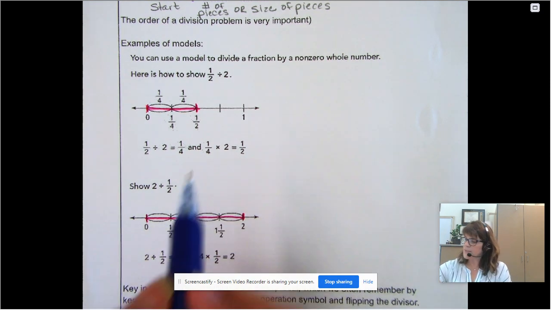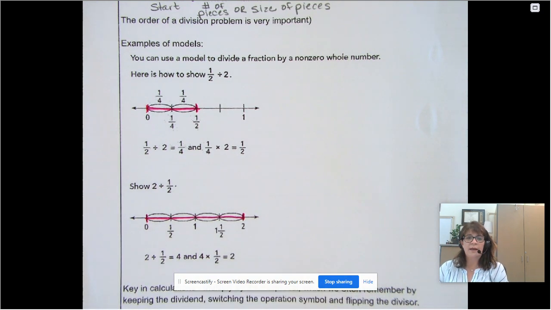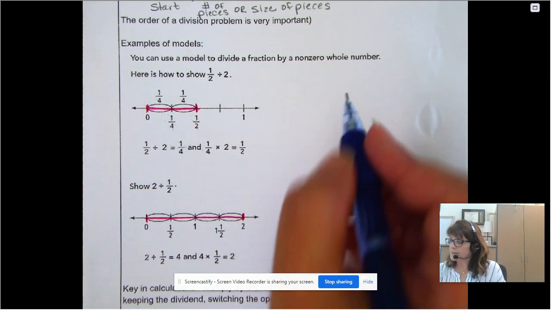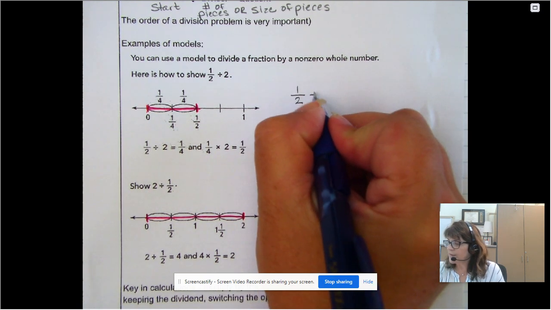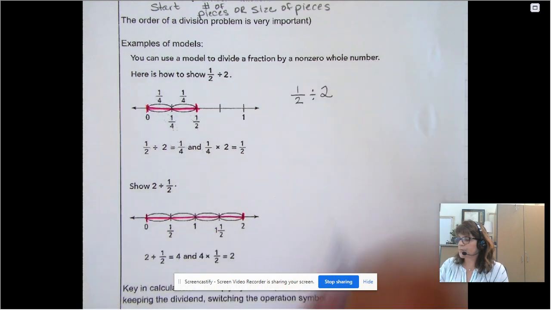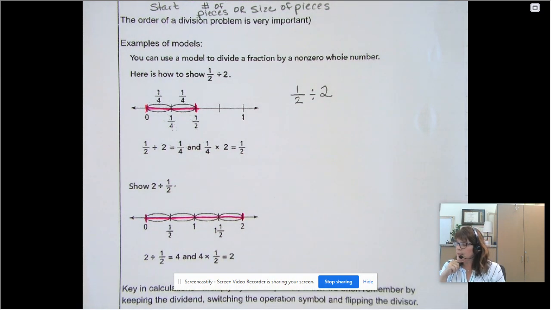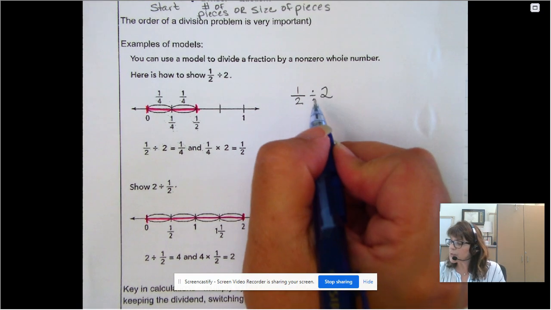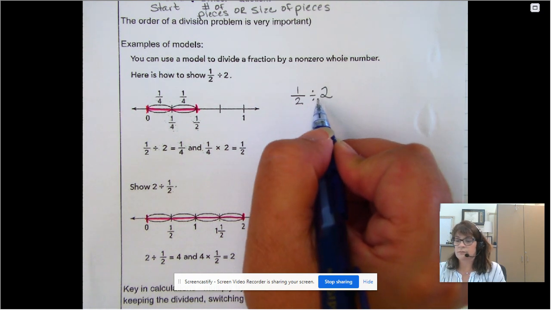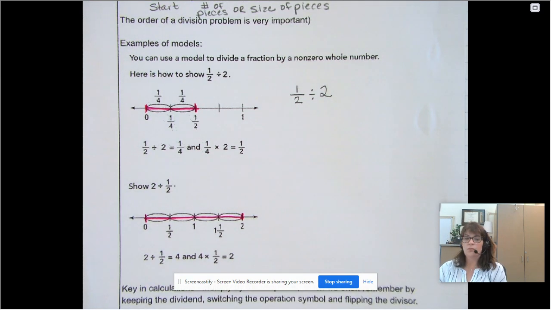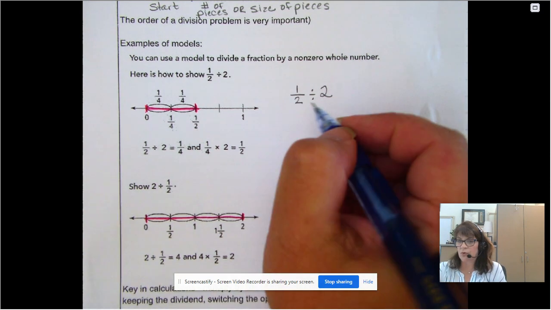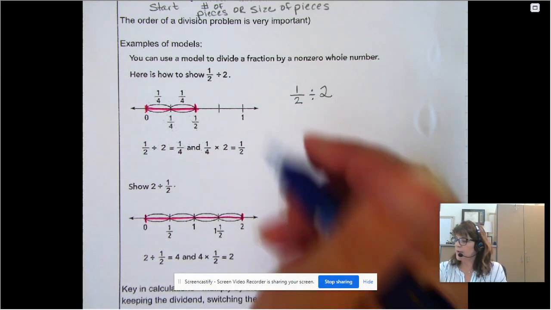Now, there are printed examples here, but they're not live. So let's take a look. 1/2 divided by 2. There is something really amazing that we can do. Officially, mathematically, we're going to multiply by the reciprocal of the divisor. Okay? We're going to multiply by the reciprocal, the turned over number of the divisor.